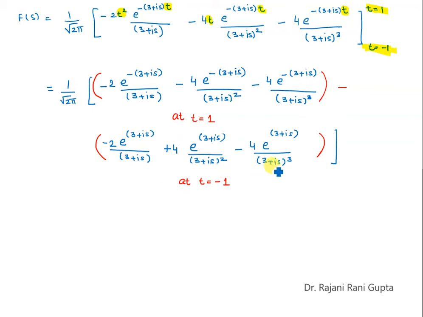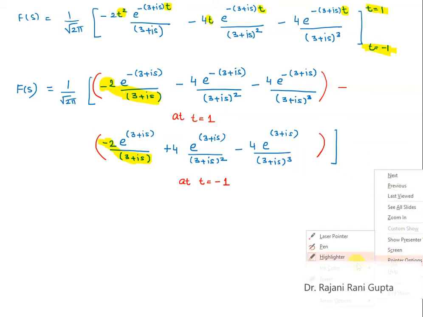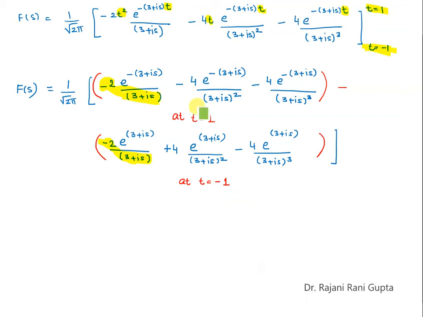Okay, now you can see that actually this is the Fourier transform. Now we can further simplify it. So to simplify further, we have to combine the like terms. Like we can see here we have minus 2 over (3 plus iota s). Here also we have minus 2 over (3 plus iota s). So I can take these two things common from these two terms. Similarly, the second term, I have 4 over (3 plus iota s) square.